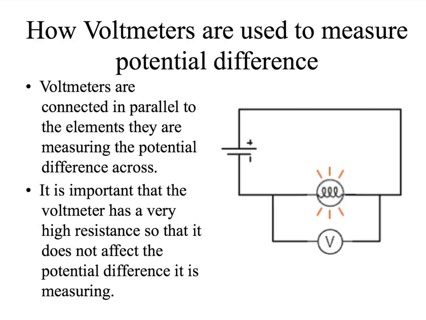Now, if we want to use a voltmeter, when we connect a voltmeter to a circuit, we literally sort of take its two connections and use them as probes to find the potential difference between 2 points in the circuit. So for instance, in this picture, this voltmeter is being used to measure the potential difference across the light bulb, which of course is going to act like a resistor.